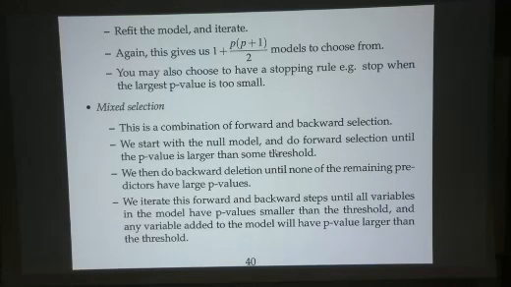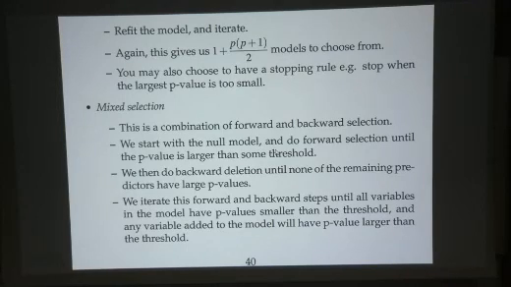There is also mixed selection, which is a combination of forward and backward selection. You start with a null model, do forward selection until the p-value is larger, and then you go back to the backward deletion procedure. You delete some of the variables, then iterate this process, and see which model gives you the best fit.